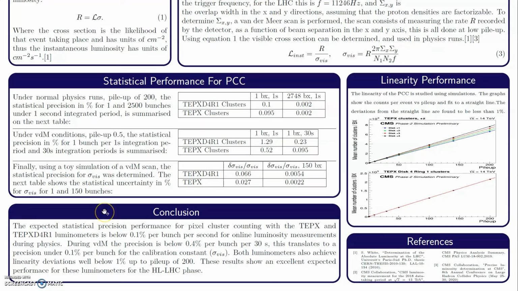And for the Van der Meer scan, we have a precision well below 0.4% per bunch per 30-second iteration period, which translates to precision under 0.1% per bunch for the calibration constant sigma visible. Also, both luminometers achieve a linearity deviation well below 1%, up to a pileup of 200. These results show an excellent expected performance for these luminometers for the high-luminosity LHC phase.